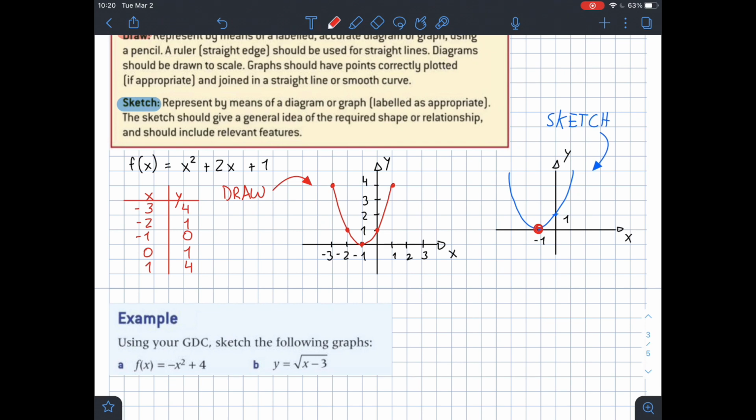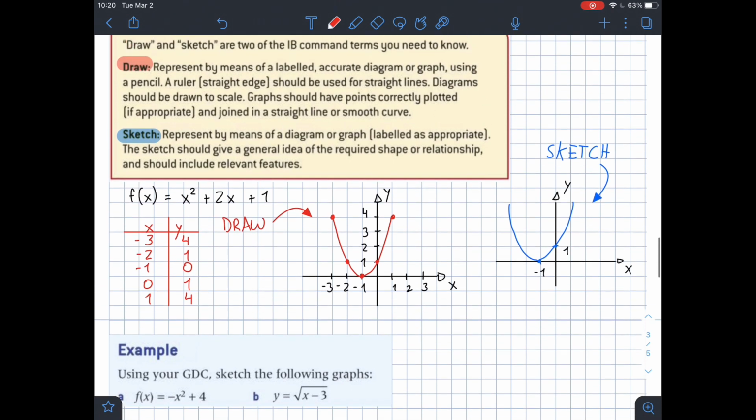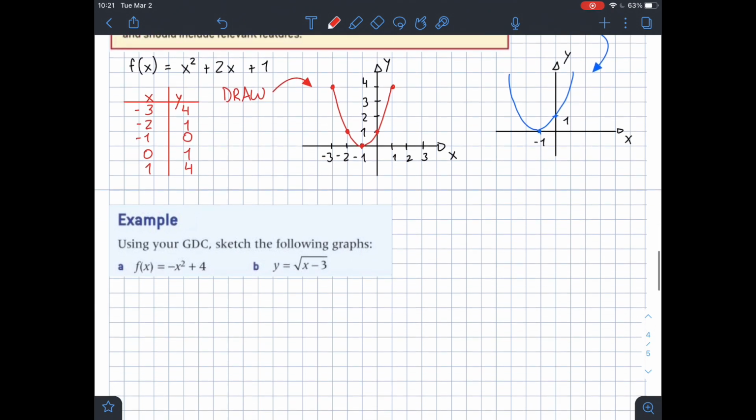In this case, this value here is important because it's the vertex and also the root of this parabola. And I also plotted this point over here, which is the y-intercept of this function. So I identified the two relevant features of this particular graph, and I only plotted those two, and then I did a quick sketch of this function. So that's how you sketch. So I hope the difference is clear for you.